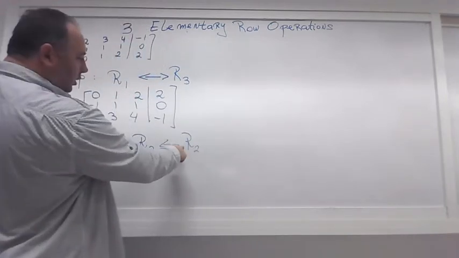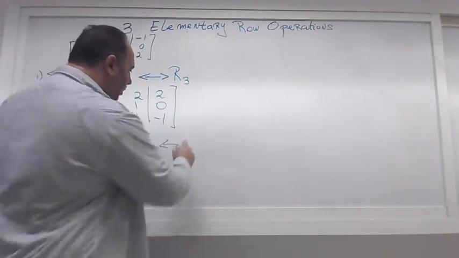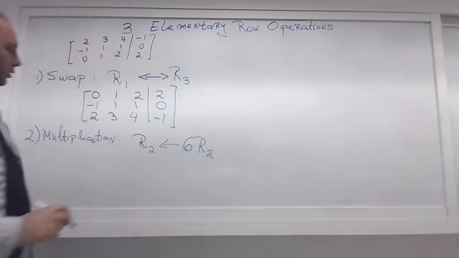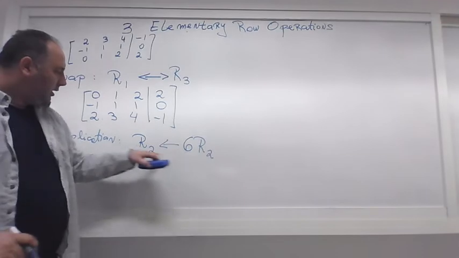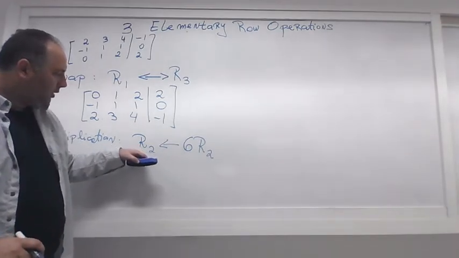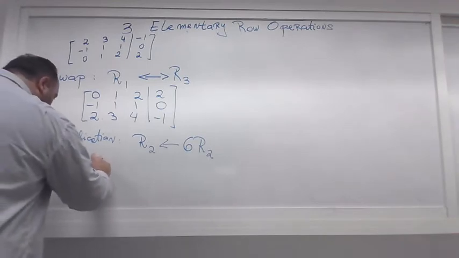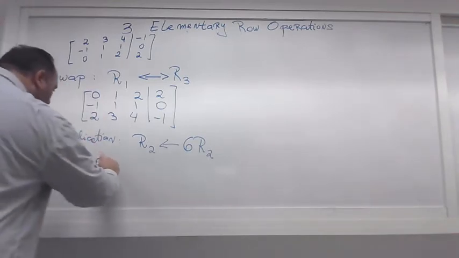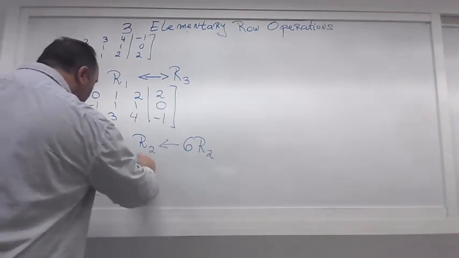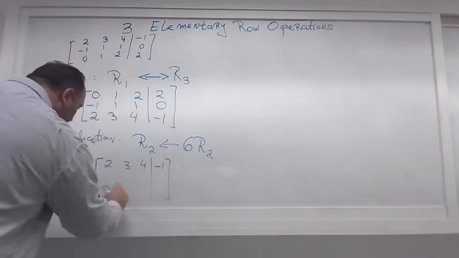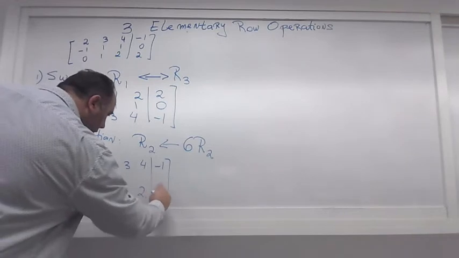So normally you will put the number before. So 6, row 2. So what I'm doing is I'm replacing row 2 by 6 times row 2. So how does it look? Well, since first and last row don't change, I'll copy them first to simplify my life. So I don't make copy-paste errors, so I can double check.